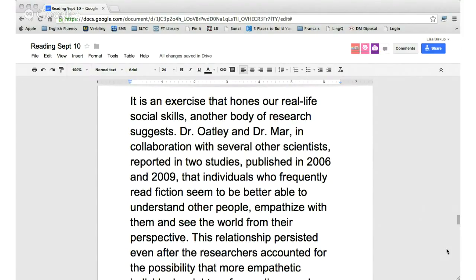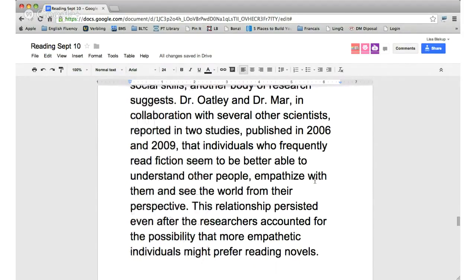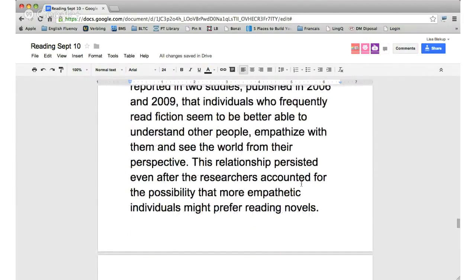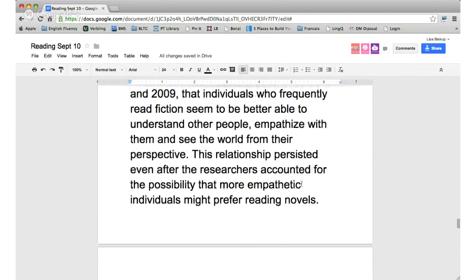Another body of research suggests Dr. Oatley and Dr. Marr, in collaboration with several other scientists, reported in 2 studies published in 2006 and 2009 that individuals who frequently read fiction seem to be better able to understand other people, empathize with them, and see the world from their perspective.